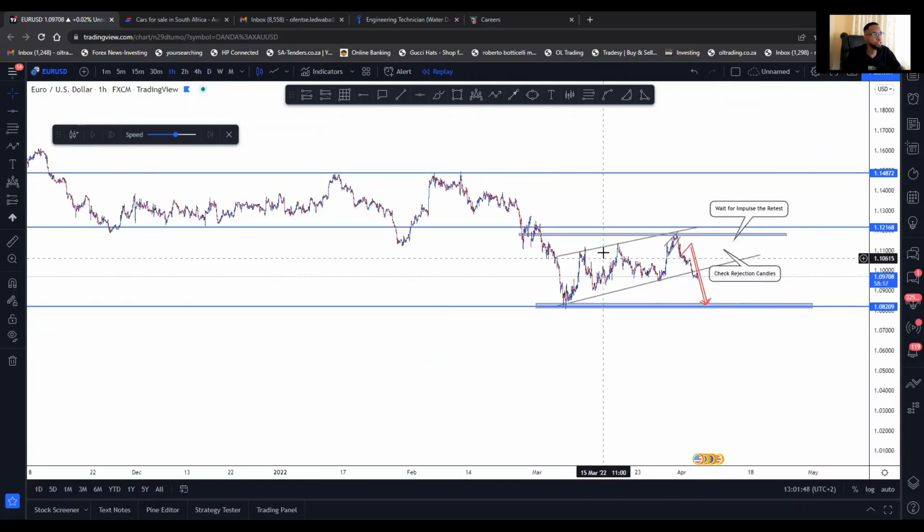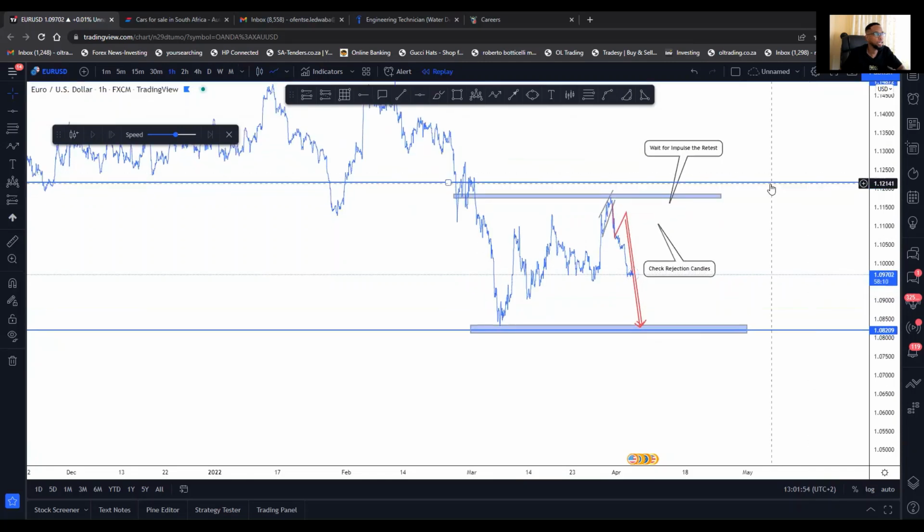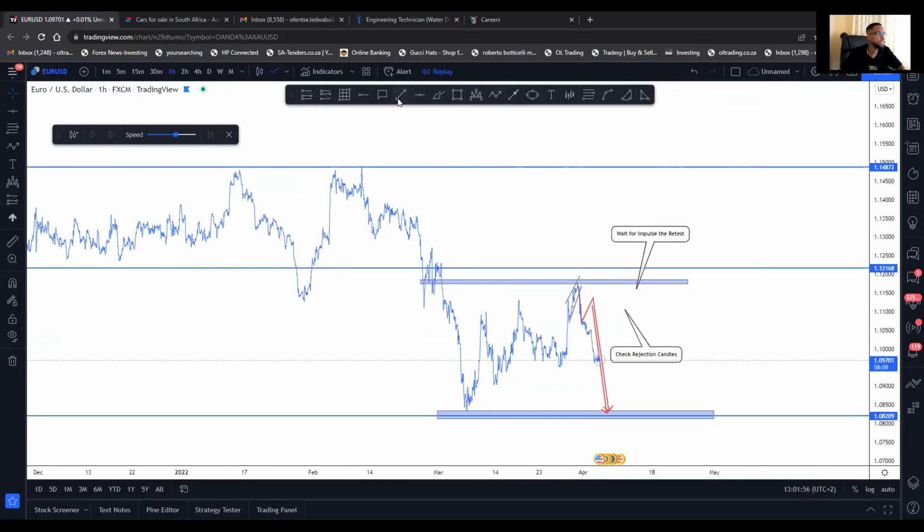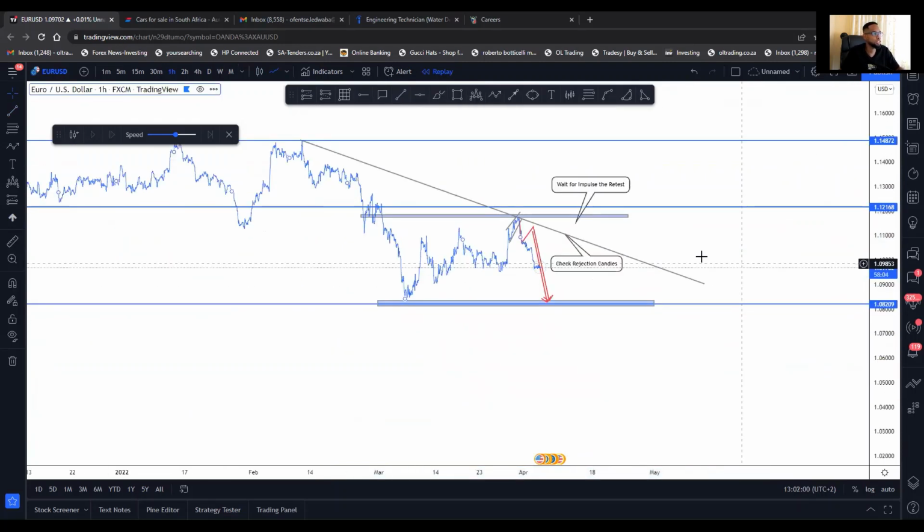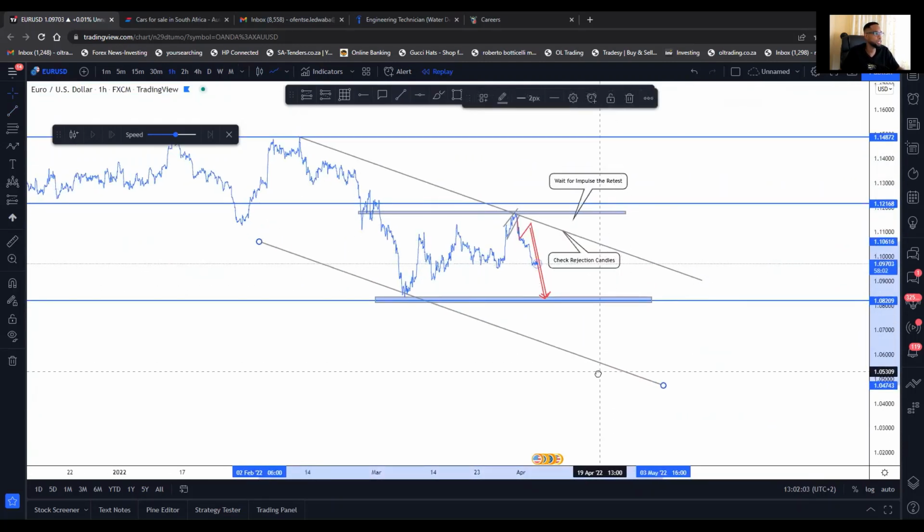And as you can see with this, if you use a line chart and you draw your line coming from here up until here, you are having a significant downtrend.